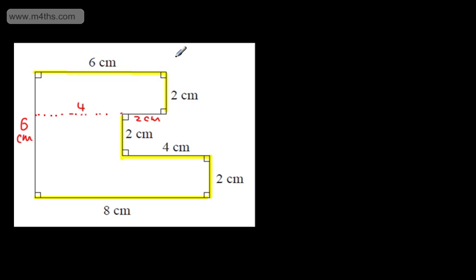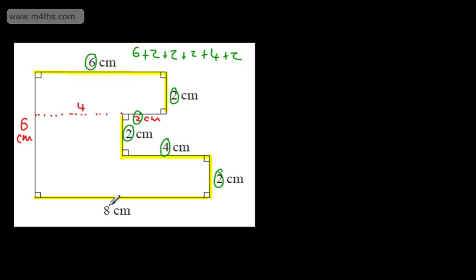So let's go ahead now and just add these up. You might want to mark them down as you go. So we got 6, then we're going to add 2, plus another 2, so just adding these up. Then we're going to have 4 plus 4 plus the 2 down here.